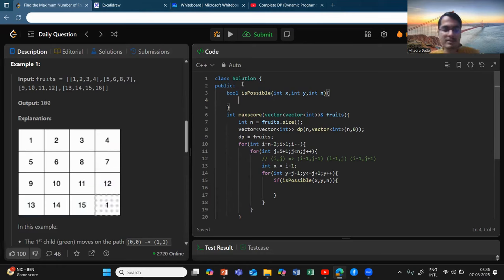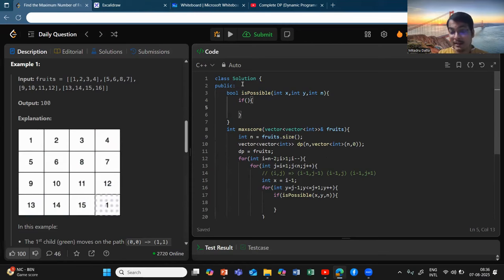All I need to do is make sure it lies in the upper triangular matrix.